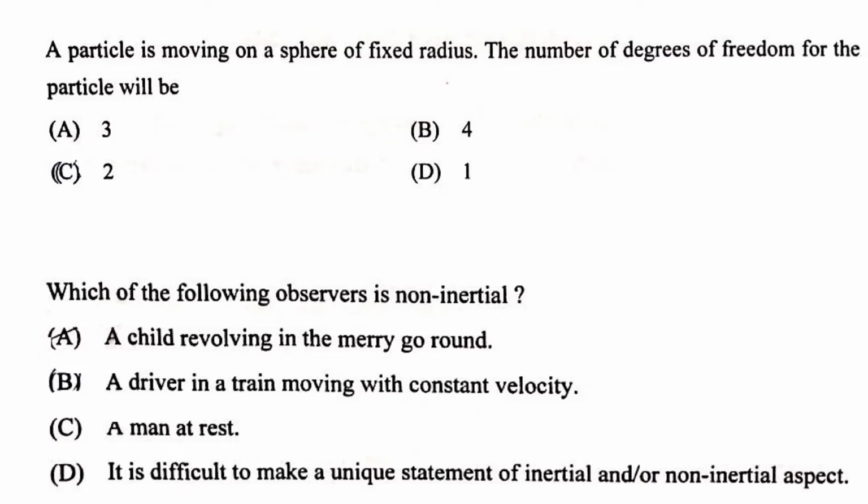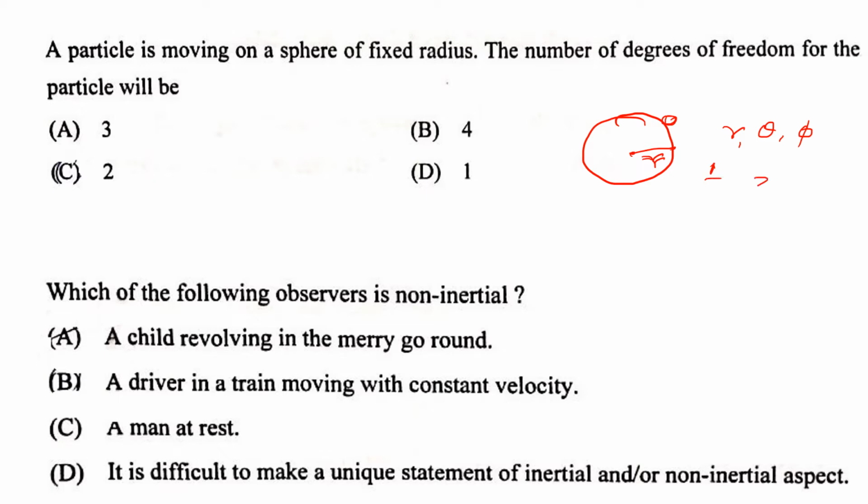So here, given that a particle is moving on a sphere, consider a sphere. Only one particle is moving on the sphere. In order to describe the position of this particle, we need three coordinates, r, theta and phi, and given that the sphere has a fixed radius, r will be constant, that is a constraint, only one constraint.